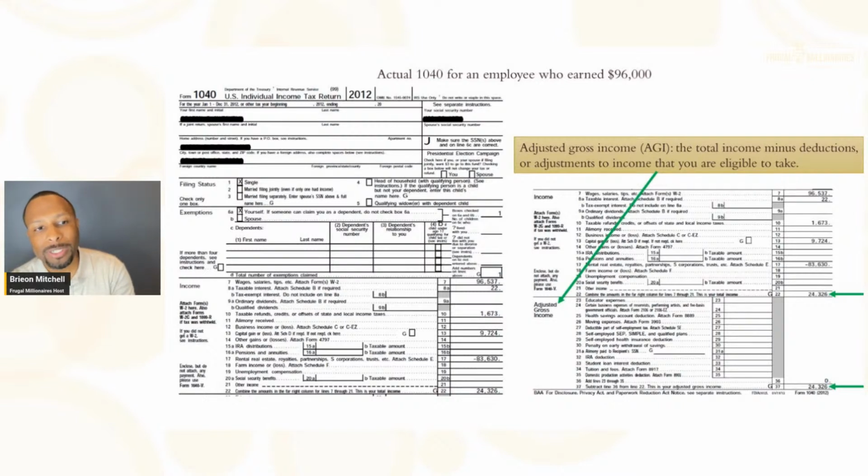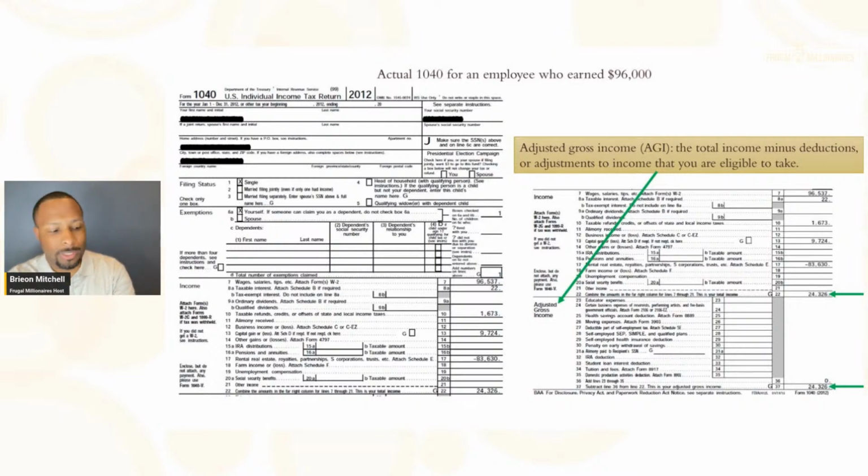But that basically means it's your total income, as I said earlier, minus those deductions or adjustments to income that you're eligible to take. These are all legal deductions and legal adjustments that you're able to take to further reduce your W-2 taxable income.